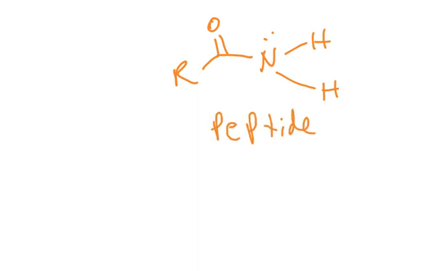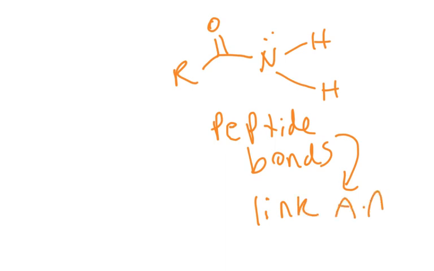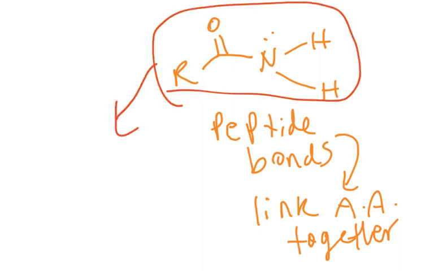Peptide bonds are bonds that link amino acids together. So what is this functional group called? This is an amide functional group. All right, and we'll go over peptide bond formation and all that later.